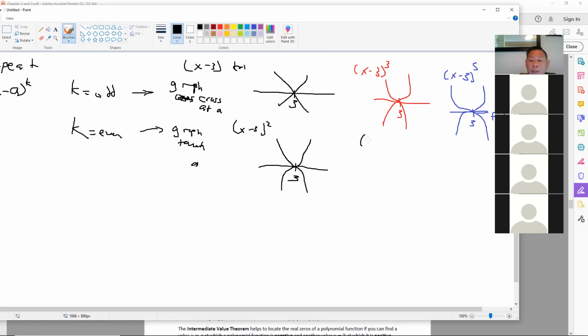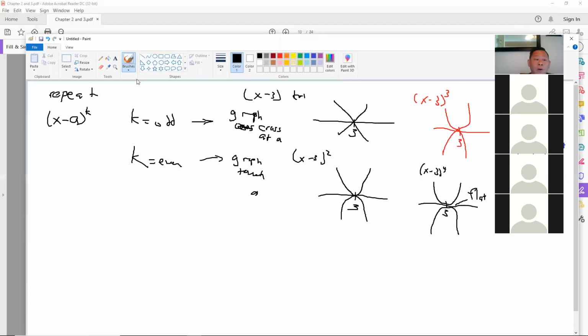But what happens when it is power 4? It's still going to touch at 3, but in this case, the same as what you do with 3 and 5, this fellow will get flatter. And if you have a power 6, it's even flatter. So this is what we call repeated zeros: your zero is repeated by a power k here.